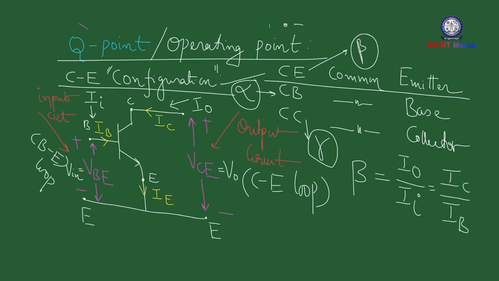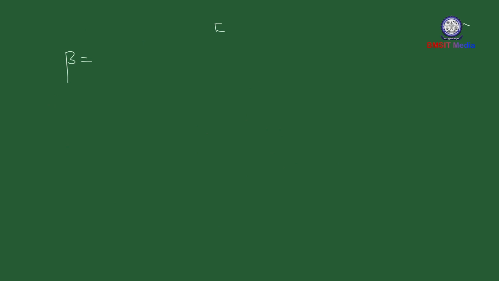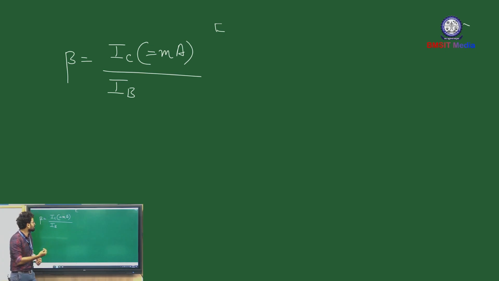Beta is equal to, and what is the order of collector current? Collector current is in the order of few milliamperes, right? On the other hand, what is the range of base current? Base current is in the range of microamperes.